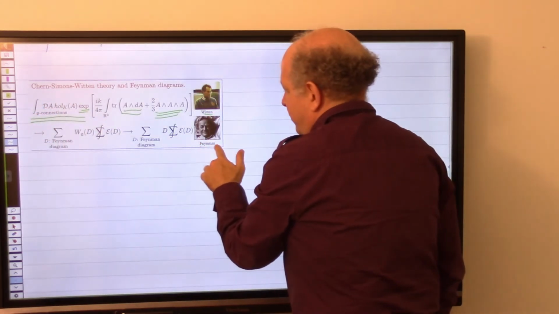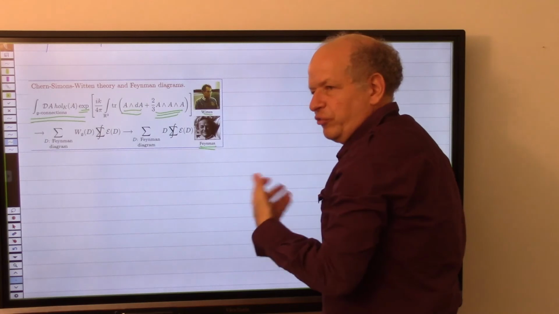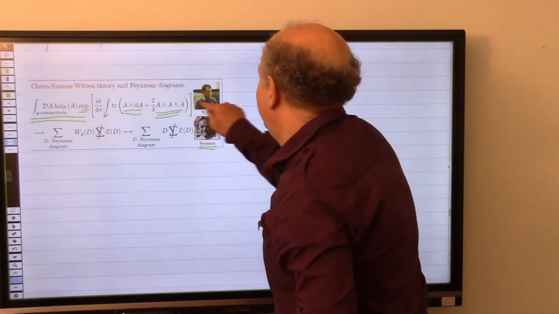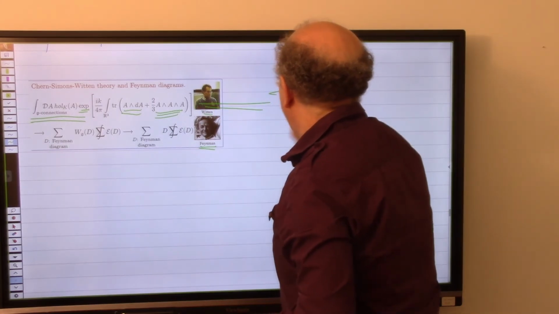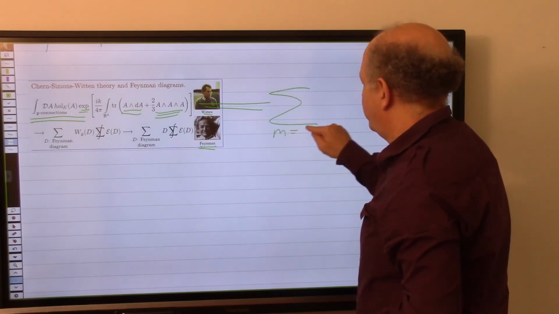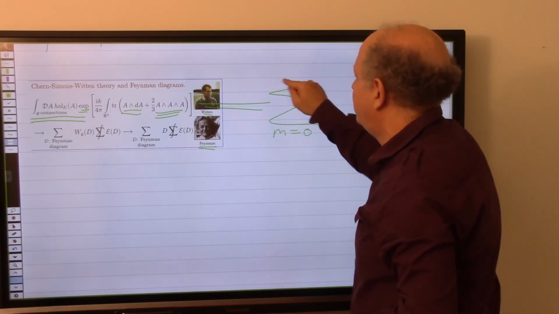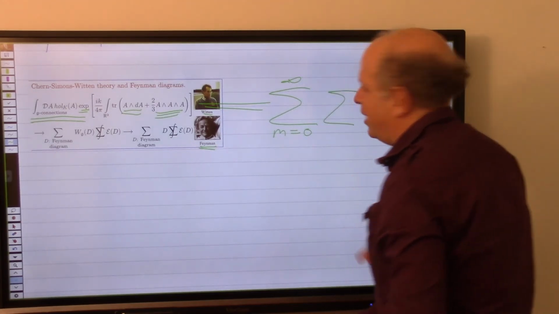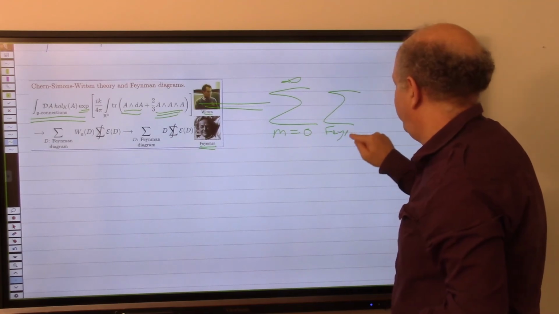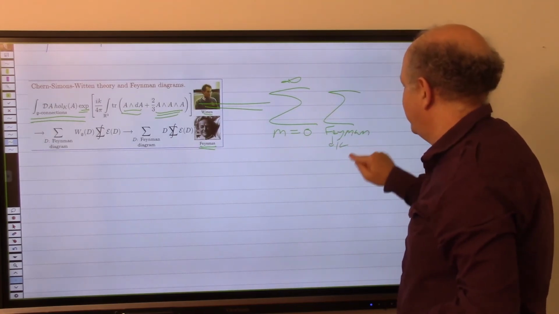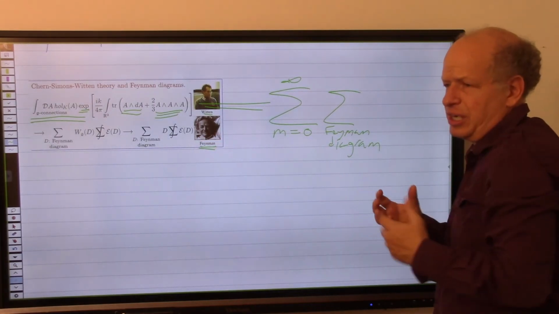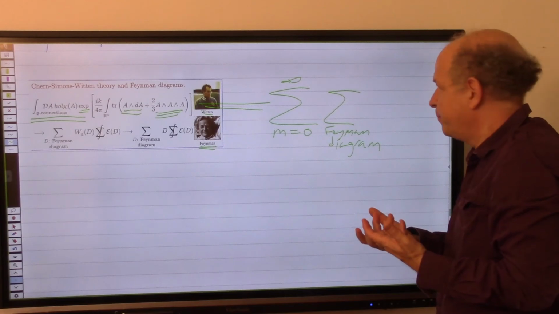Yet Feynman wrote a collection of techniques for how to compute such integrals, and basically the result is that this integral is equal to some big series, m goes from 0 to infinity, of another sum of Feynman diagrams, named after Feynman, but you've probably seen them at least culturally, if not rigorously.